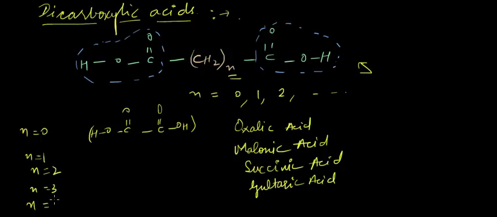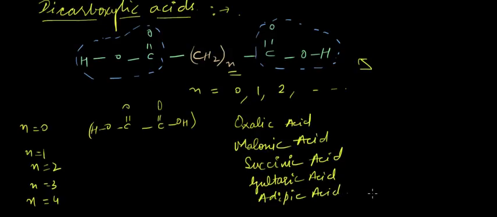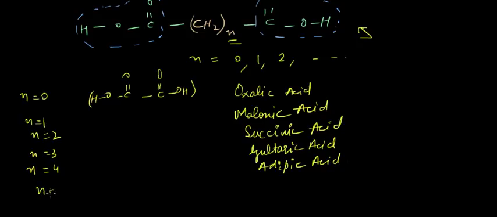When n equals 4, then it's called adipic acid. When n equals 5, then it's called pimelic acid. When n equals 6, then it's called suberic acid.